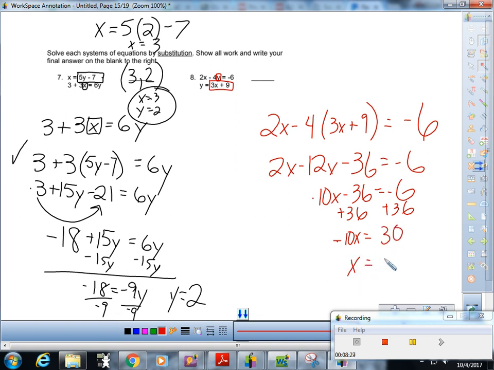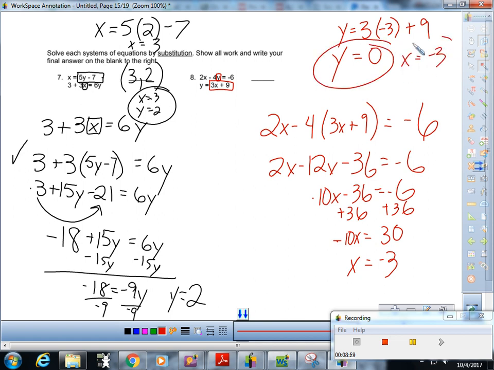So x is negative 3 when you divide 30 by negative 10. X is negative 3. Y is 3 times x. Well, x is negative 3, plus 9. And that's 0. So you get y is 0. X is negative 3, or you can write that as negative 3, comma 0. However you prefer to write it. They're both correct. Okay?